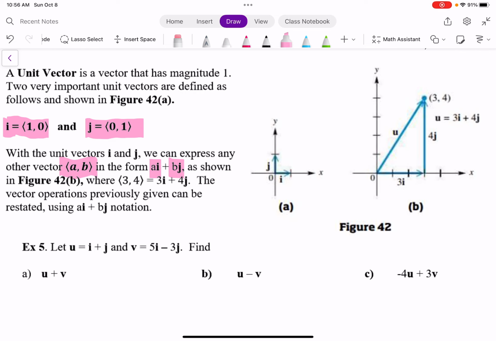So every time you see a, b, that is ai plus bj. This is another form to write the vector. So if I have a vector 3, 4, then in the unit vector form, I have 3i plus 4j. Okay, let's see.